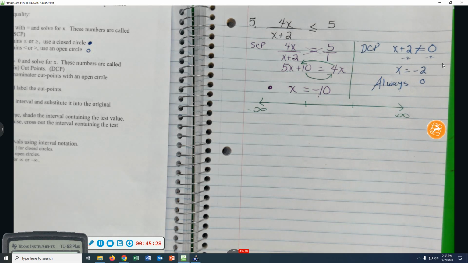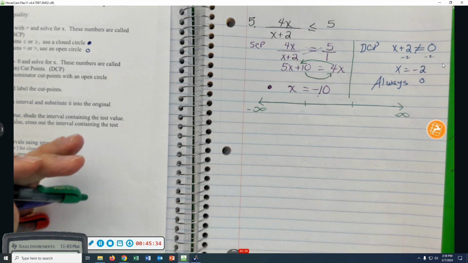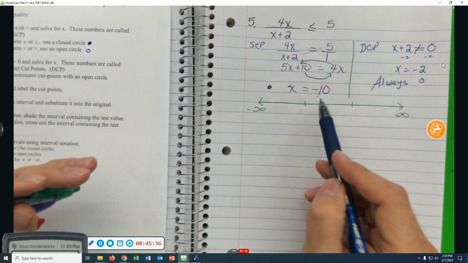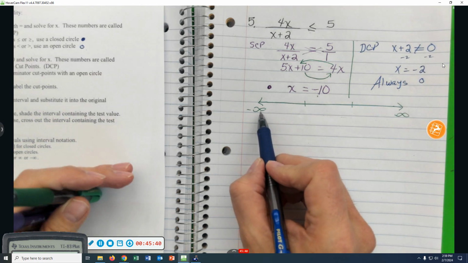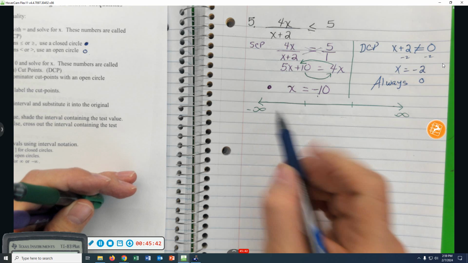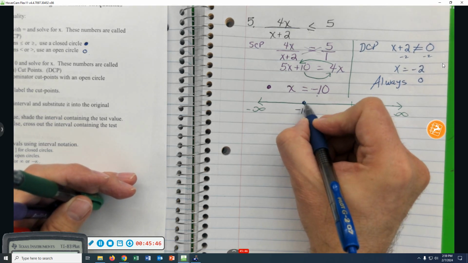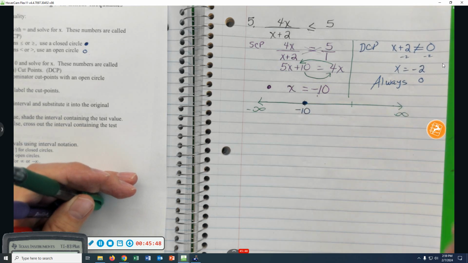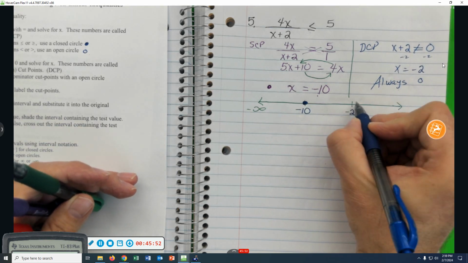Negative 10 and negative 2. Make sure you put these in numerical order. Which number, negative 10 or negative 2, would be closer to negative infinity? Negative 10. So the negative 10 goes here with a closed circle, and the negative 2 goes here with an open circle.